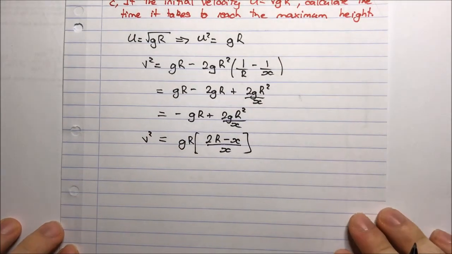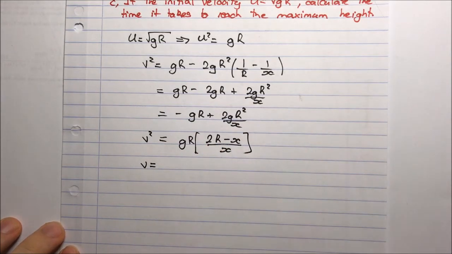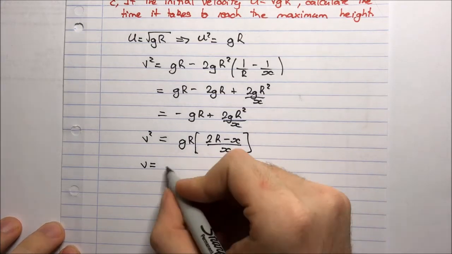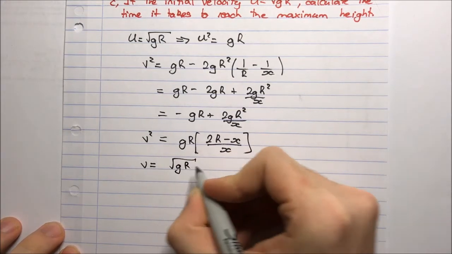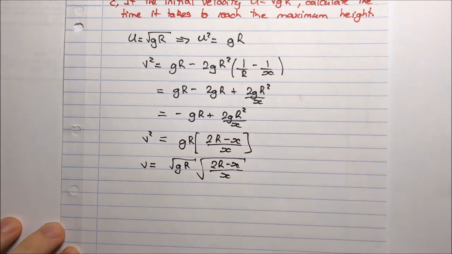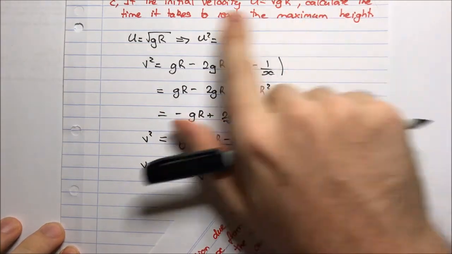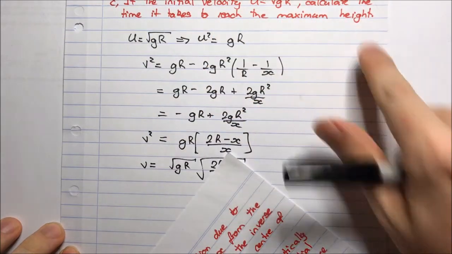So let's get v now. v would be plus or minus the square root of this expression. But I can neglect the case where v is negative, and I'll explain why in a second. The reason is we're looking for the time it takes to reach the maximum height.